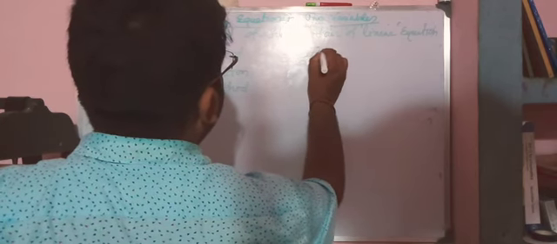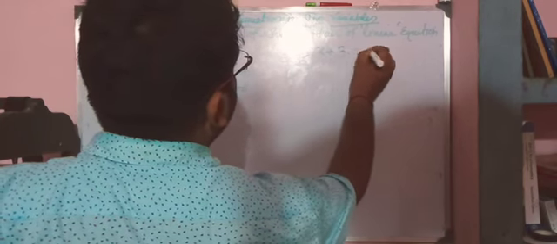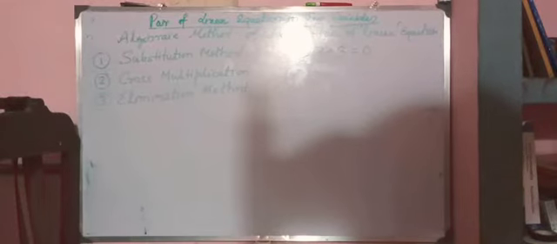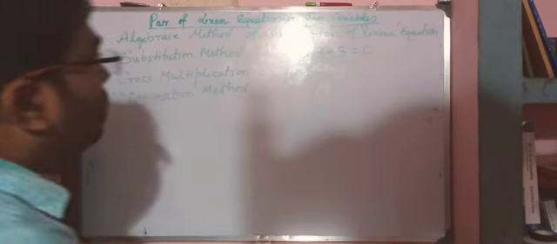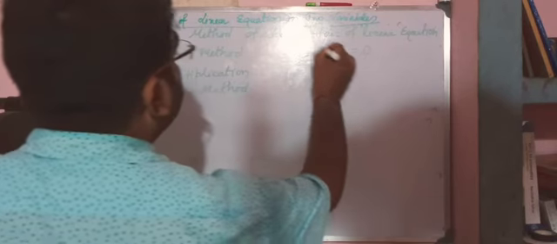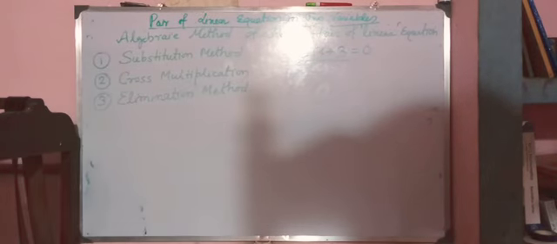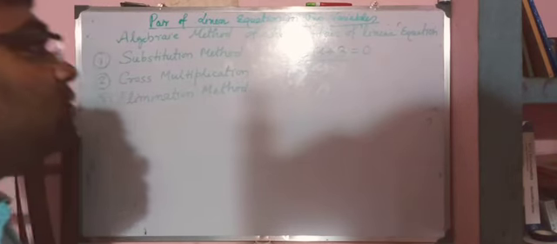This is a linear equation of one variable. For solving this linear equation of one variable, we need at least one equation, that is this equation. From this equation we are able to solve it definitely. Understood?